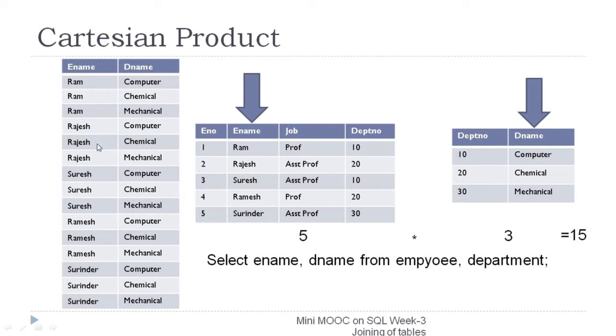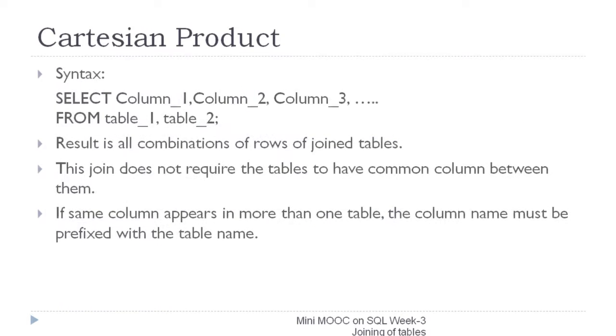So here the output will be all possible combinations of ename and dname, and this is the concept of Cartesian product. The syntax of Cartesian product is select column 1, column 2, column 3 and so on from table 1, table 2. Here the result will be the Cartesian product of all the rows of the joined tables.